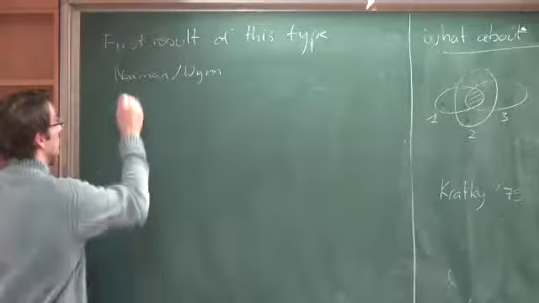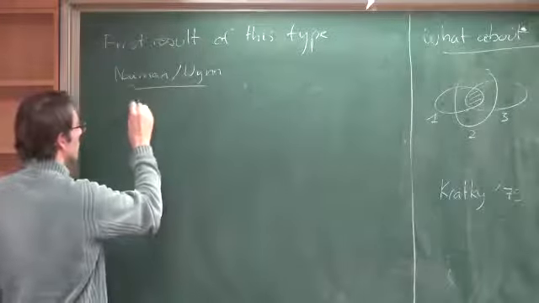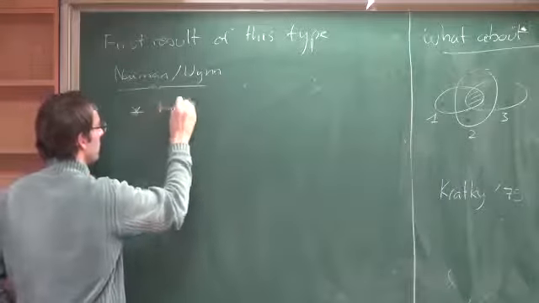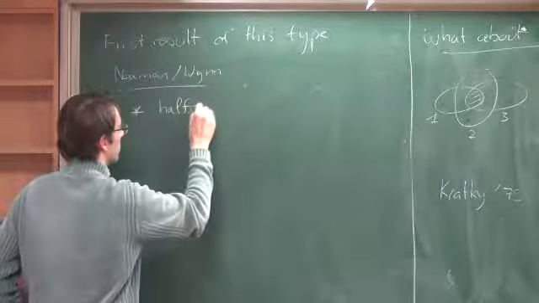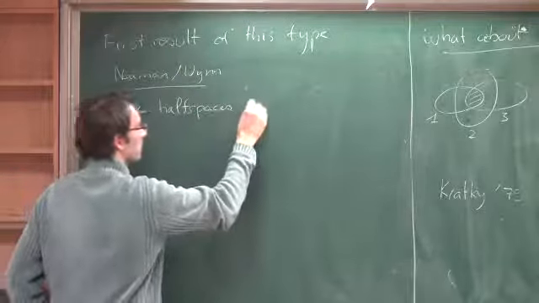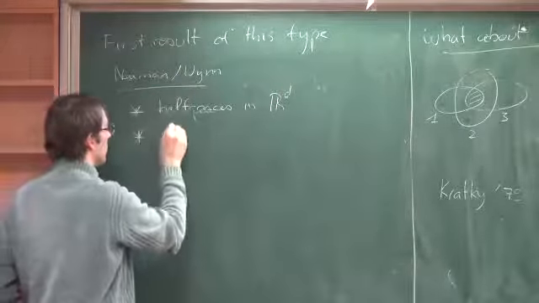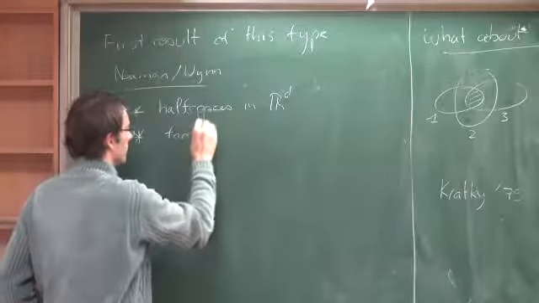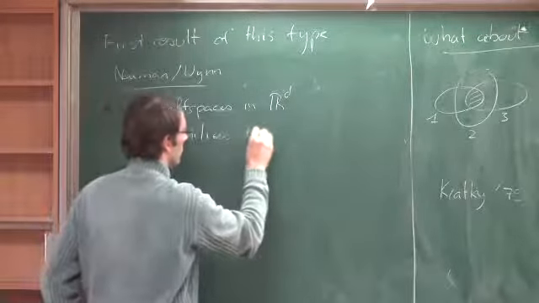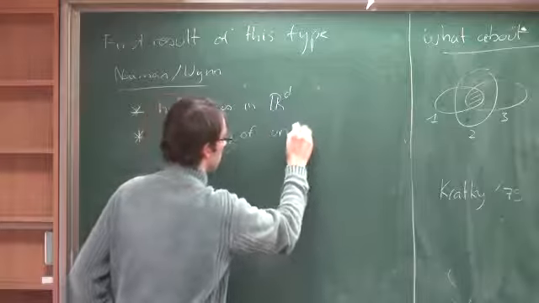And they could do it for two types of objects, so half spaces in R^d, and families of unit balls.